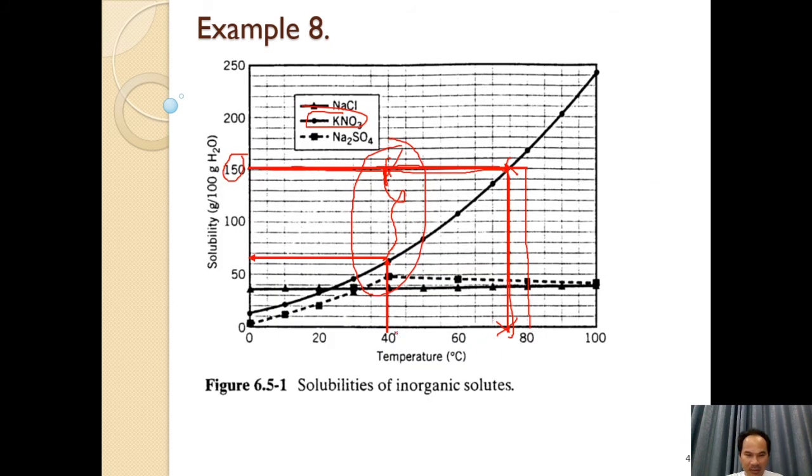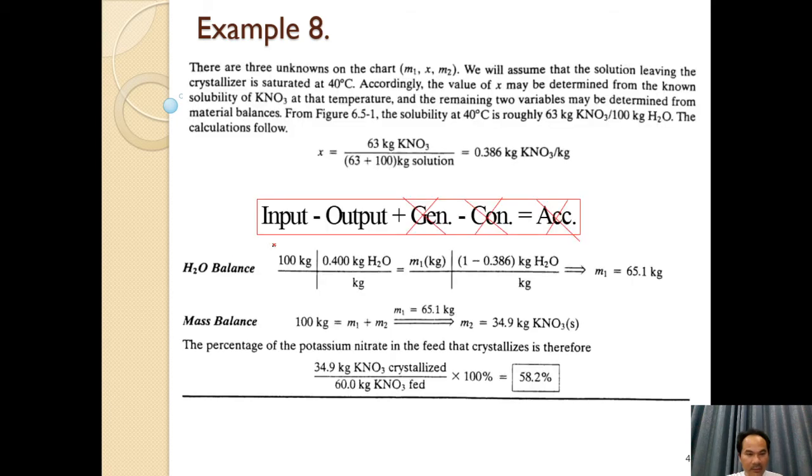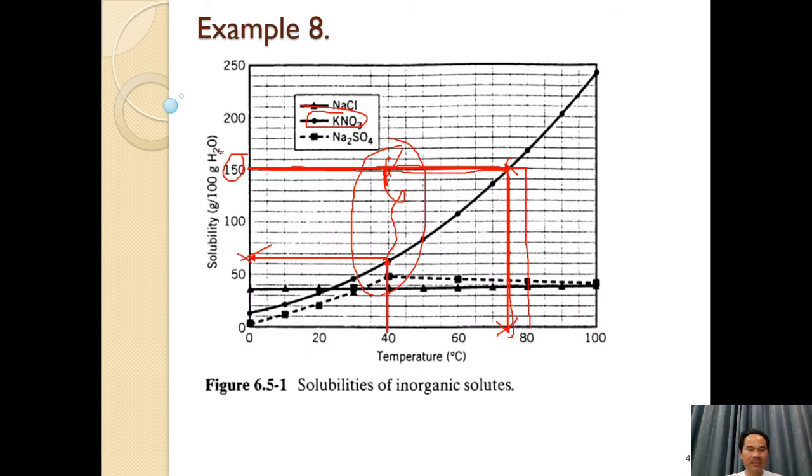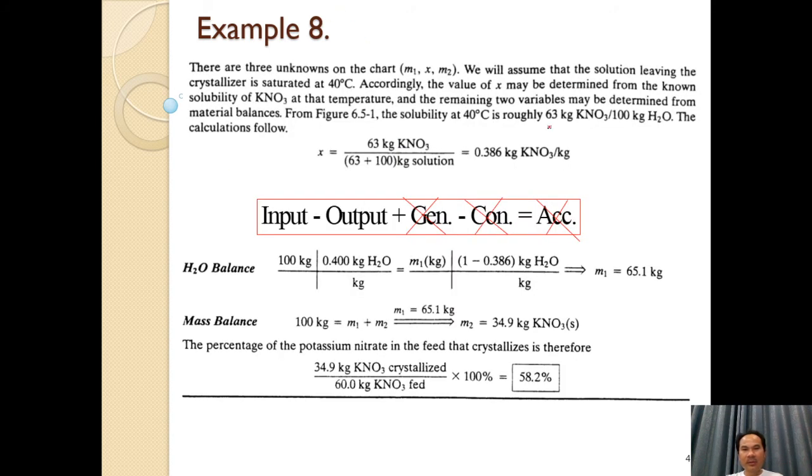You can evaluate the solubility at 40 degrees Celsius. It's approximately 60 kilogram potassium nitrate per 100 kilogram water. This case is gram per 100 gram, or equal to kilogram per 100. It's the same ratio. The solubility is 60 kilogram potassium nitrate per 100 kilogram water.